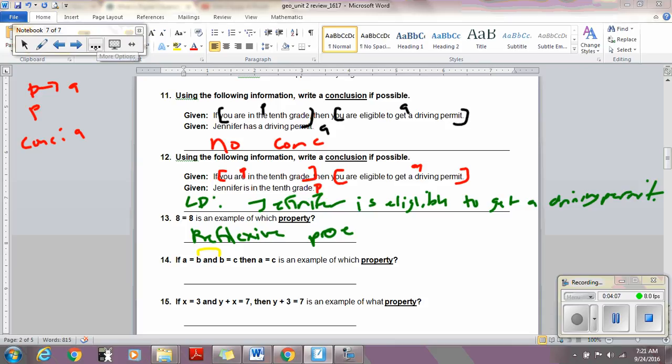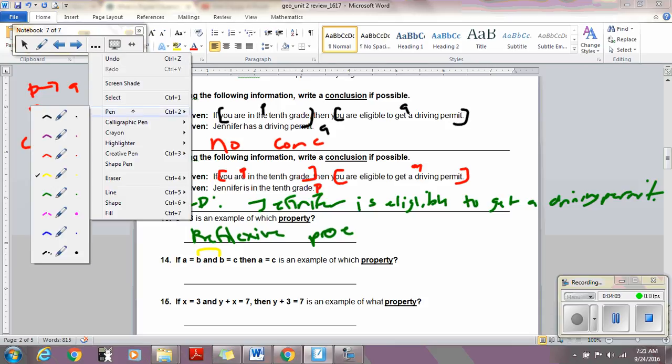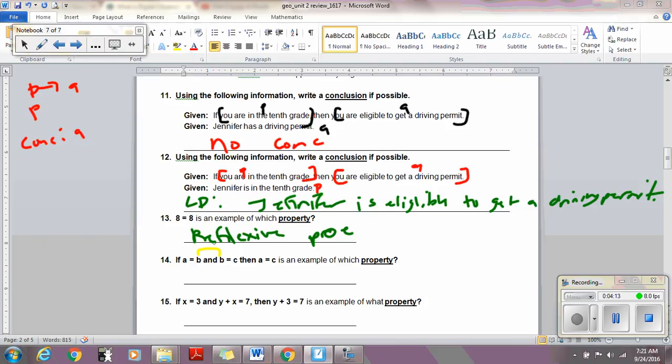And I stress that if the middle repeats, you're supposed to delete the repeat. And when you delete the repeat, the two outside pieces can be smushed together. So anytime the middle repeats and you delete the repeat, that is the transitive property.